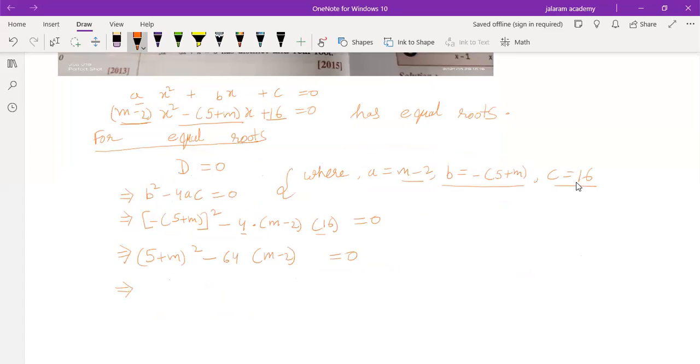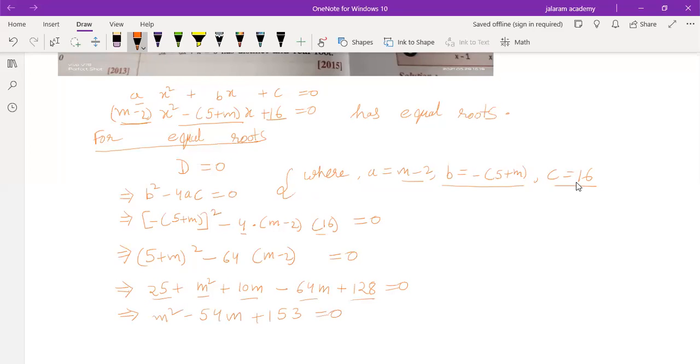It implies 5 plus m whole square: 25 plus m square plus 5 twos are 10m, minus 64m, plus 64 twos are 128 equals 0. Write them in decreasing powers of m: m square plus 10m minus 64m is minus 54m, plus 25 plus 128 is 153 equals 0.